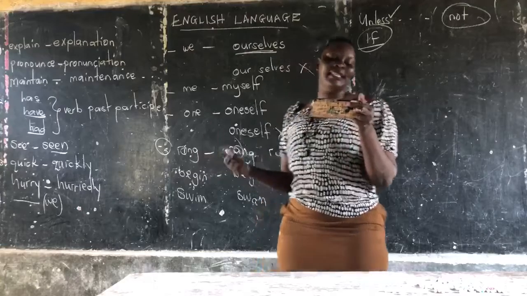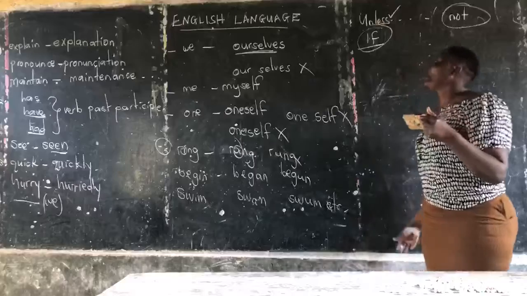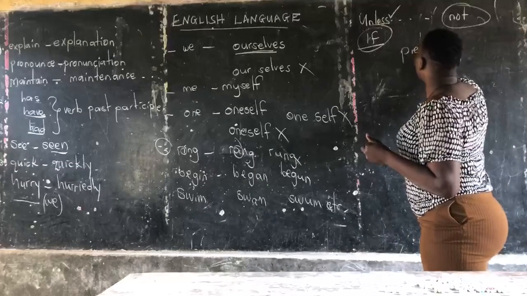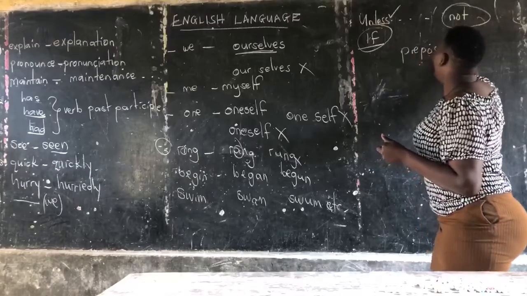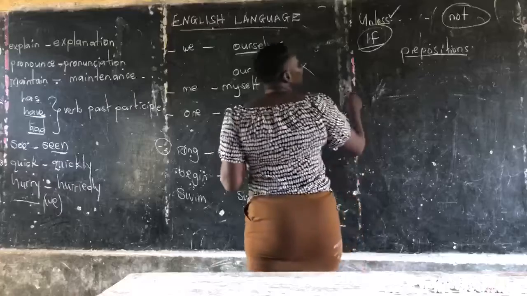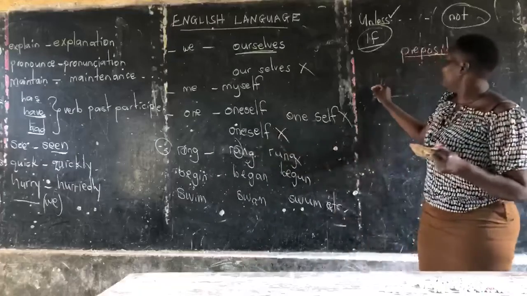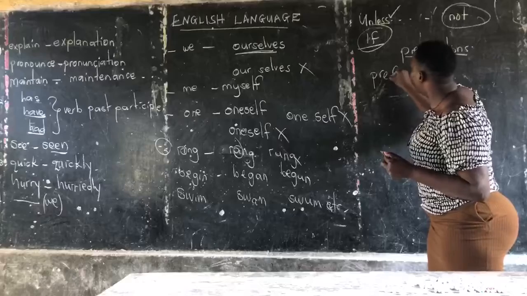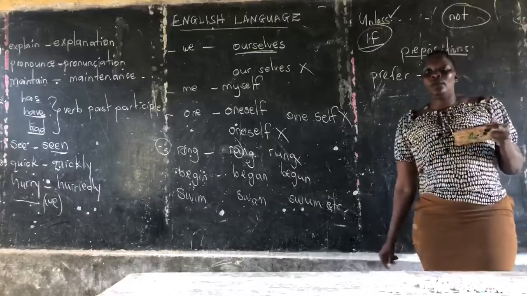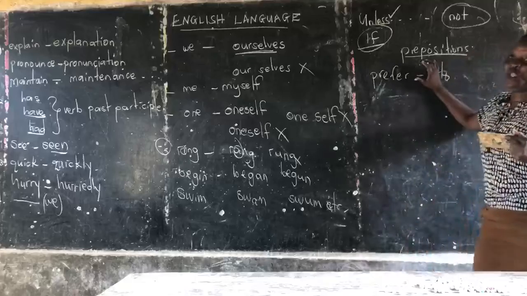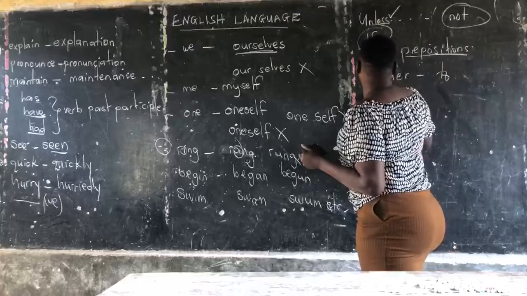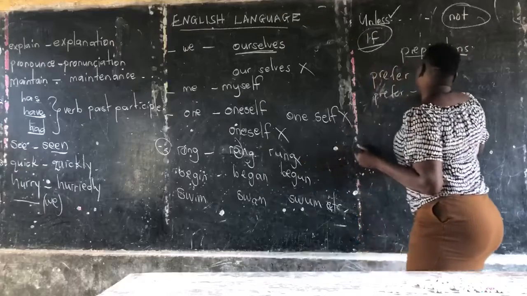Number 7: Juma prefers rice dash matoke. And this is primary 3, where we deal with the prepositions. And I bet you know, my learners, that prefer goes with to. Most learners have a problem here. They normally say prefer more than.